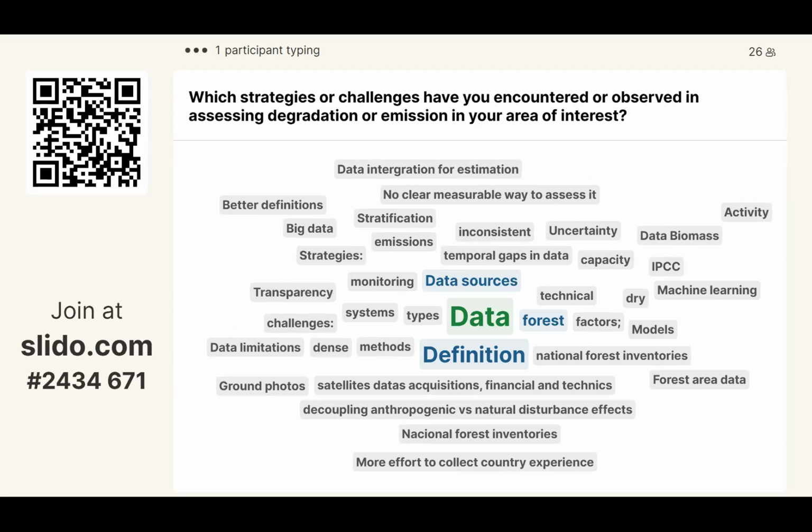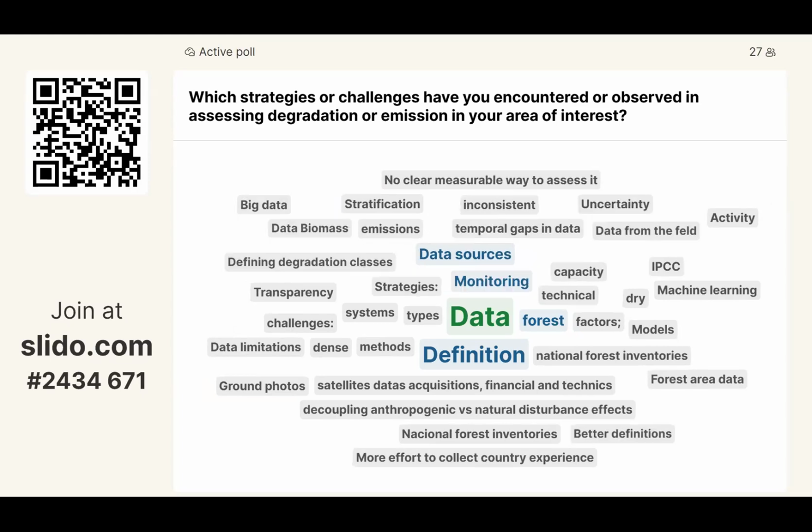Thank you, everyone. But it does seem like, in some ways, our usual suspects of the definitional challenges, acquisition of data, and then some specific other variants on that. Transparency, though, that's a very good point as well, making sure that all of the data that's collected is transparent, and that can be a challenge.